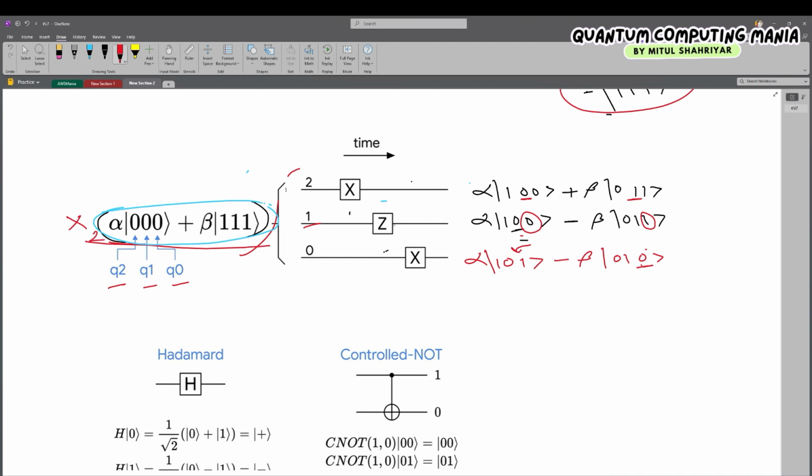We applied a z gate to qubit 1, so this can be written as z1, right? And we applied x on qubit 0, so this can be written as x0.